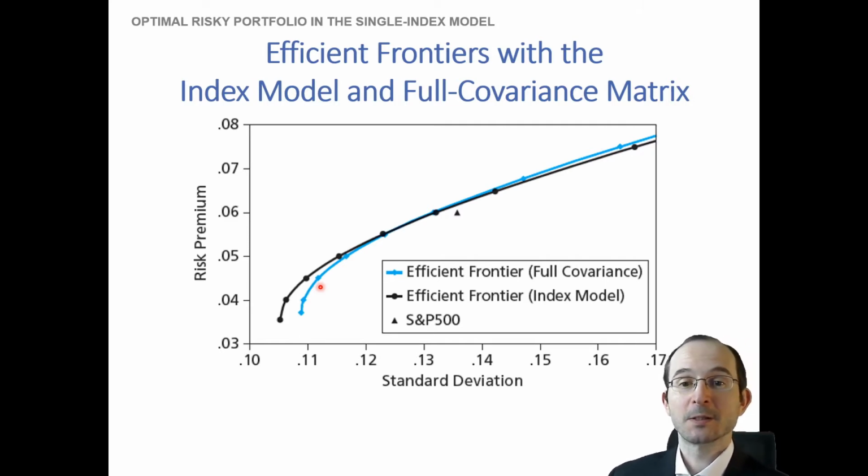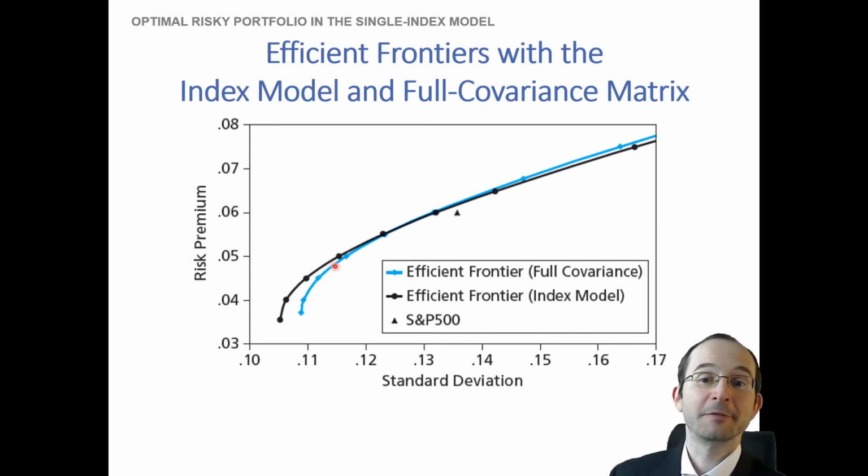We can see that this assumption actually gets us a substantial benefit in that reduction of parameter estimates, but doesn't cost us very much because the efficient frontier we estimate can actually come out looking quite similar.